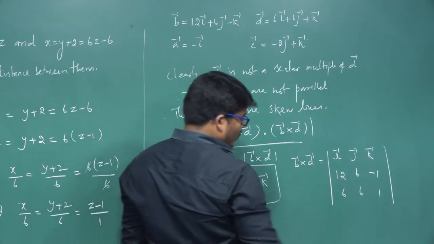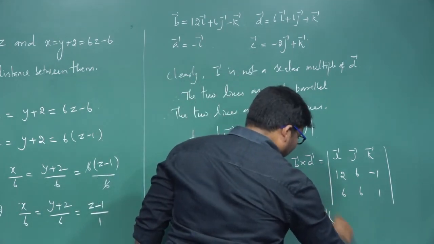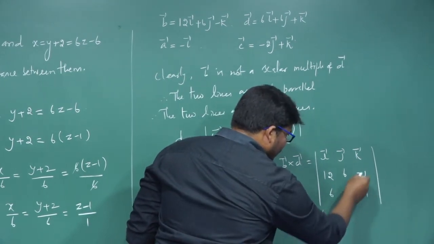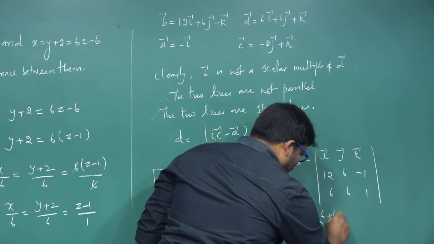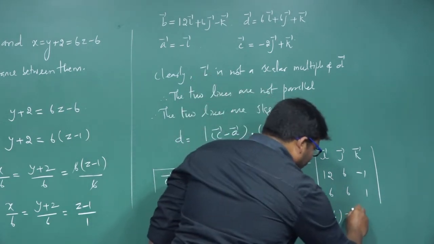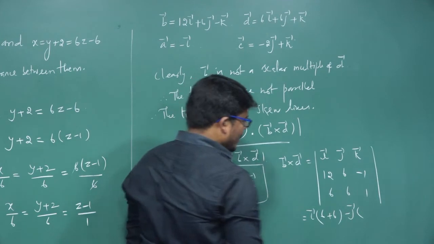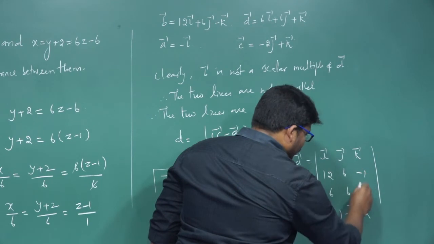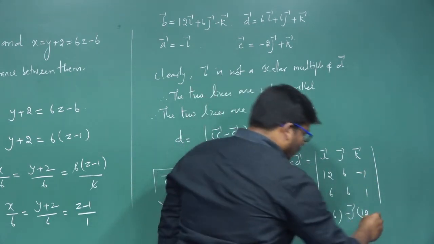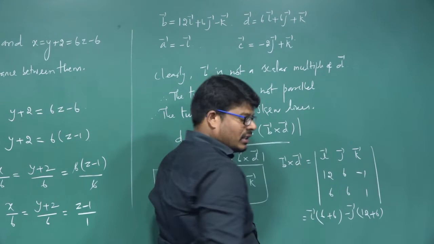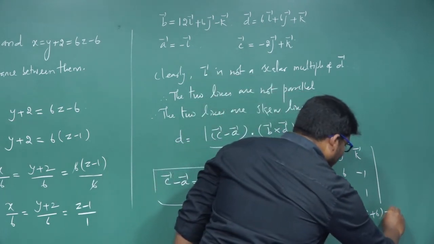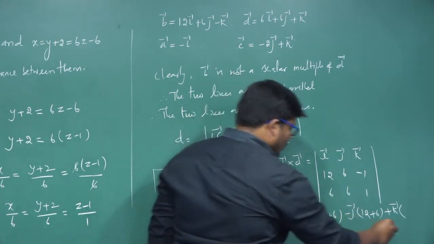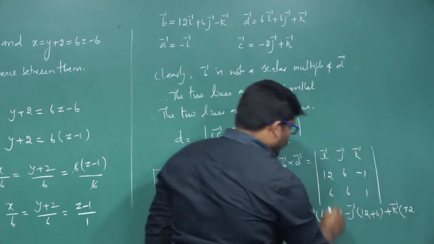Now expanding the determinant: i vector into 6 ones are 6, next 6 into minus 1 is minus 6, the formula is minus minus, so plus 6. Minus j vector, eliminating the row and column, the minor is 12 into 1, 12, next 6 into minus 1, minus 6, minus minus, plus 6. Next, take the element k vector into 12 times 6, 72, minus 36.